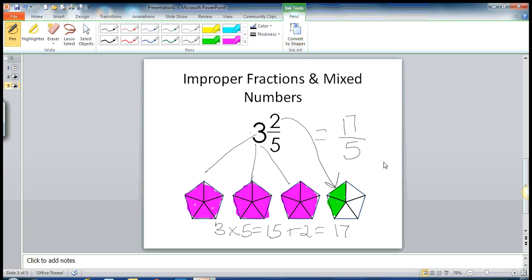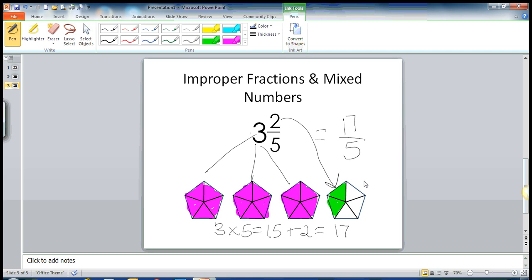So this is a way that you can look at improper fractions and mixed numbers. And the cool thing about this method is that you can draw these models yourself. Whenever you test or have an independent assignment to do, you can always draw these models as a reference chart for your own use.